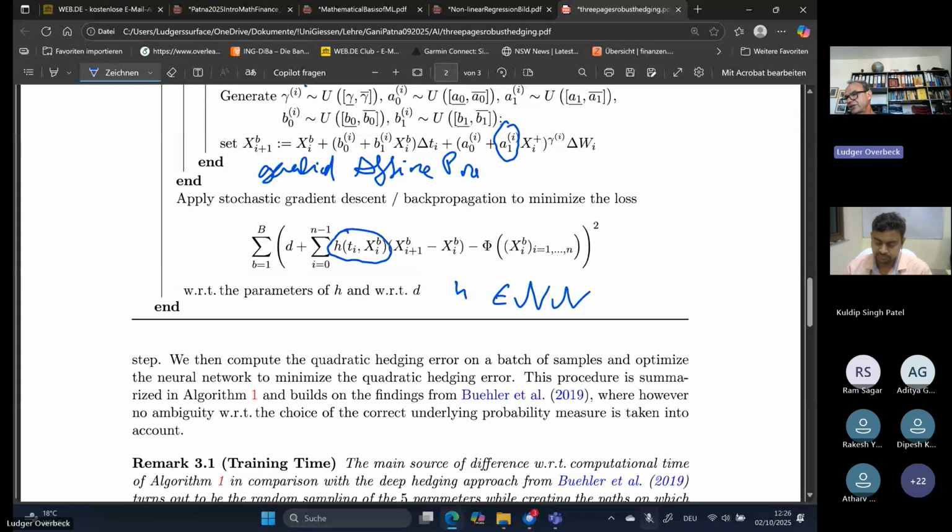That's called robust hedging, and that's one application of many applications of machine learning in quantitative finance, like this robust hedging or deep hedging. Deep hedging is the same one. You can, for example, take what some people do: you don't take any model, you just take the stock data you observe.